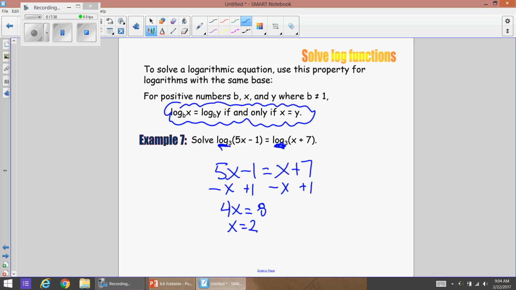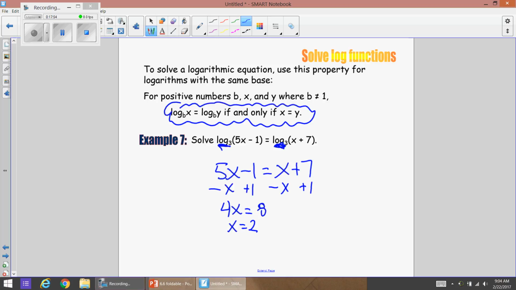Now we have to wait. We started with a log. When you start with a logarithm, that means you have to check your answer. You have to check and make sure it works because logarithms have a domain restriction. If it's the parent function, it's all these x's that are greater than, not equal to, sorry, just greater than 0.